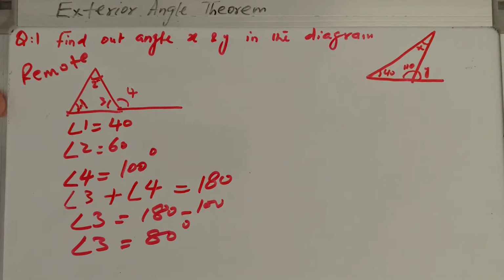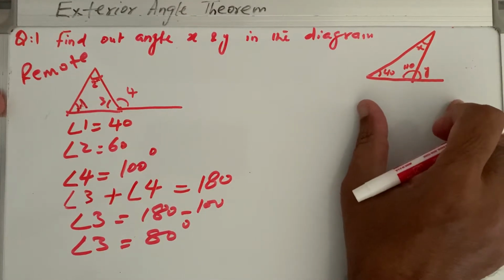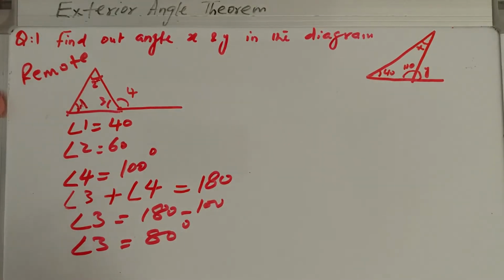This is just understanding before doing this question. The exterior angle theorem says that an exterior angle of a triangle is equal to the sum of the opposite interior angles, or the two remote interior angles.